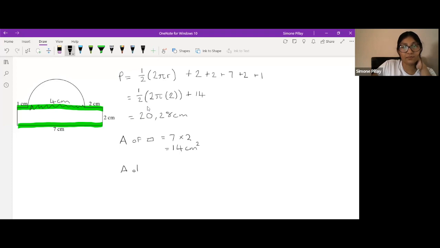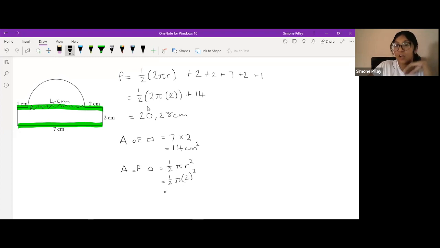And then the second one is half pi times radius squared, half pi r squared, which is equal to half pi times 2 squared. Final answer for me? Give me a second, ma'am.